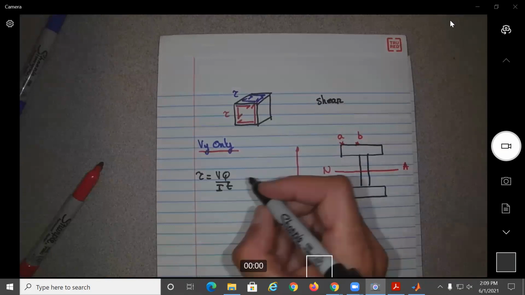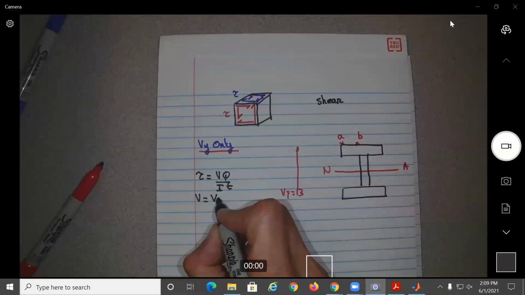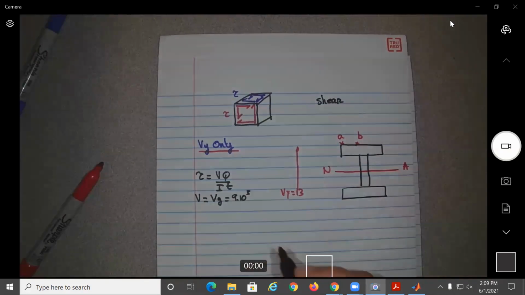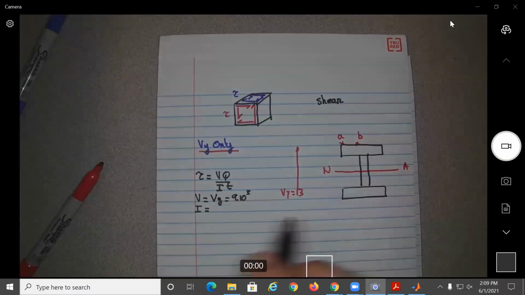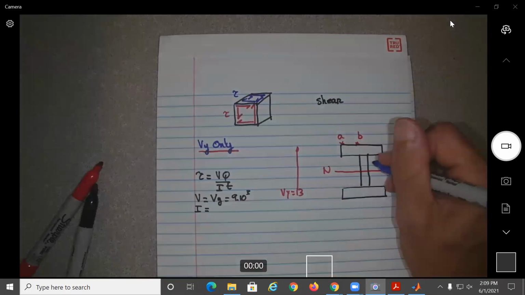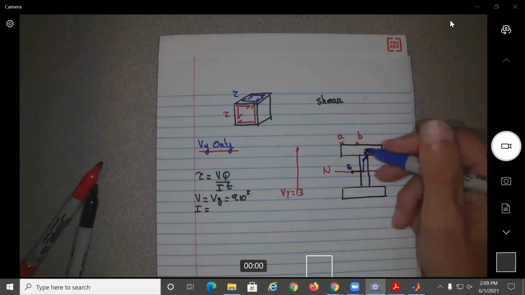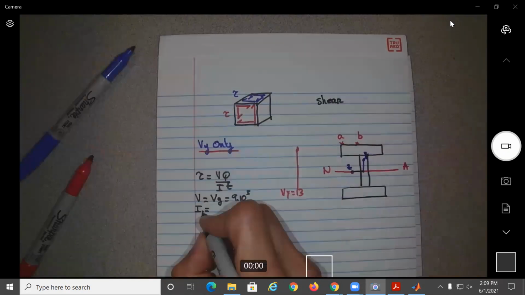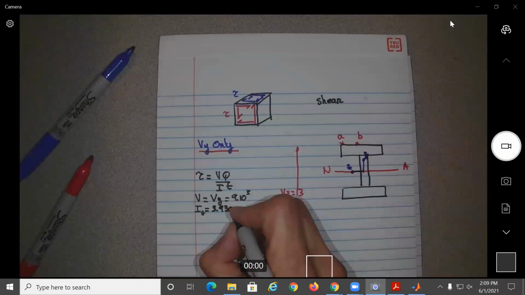In that equation, V is Vy, equal to 9, 10 to the 3. I is, since we have the YZ plane, the one resisting will be the Z, so it will be Iz, which we said was equal to 3.9303 to the minus 6.